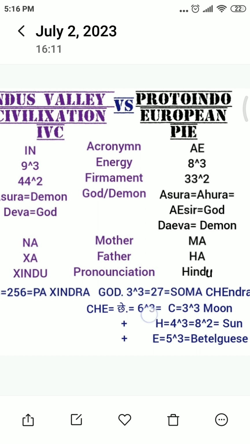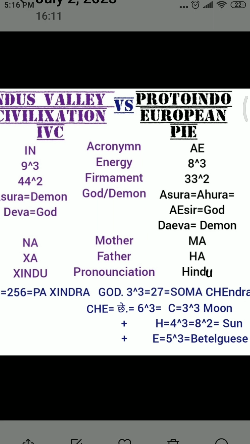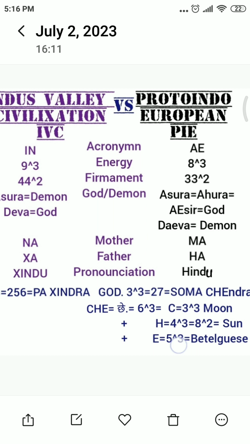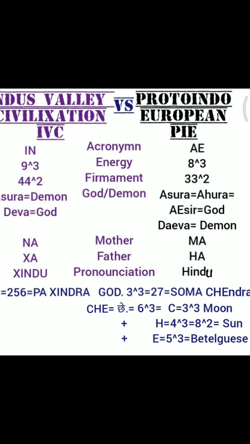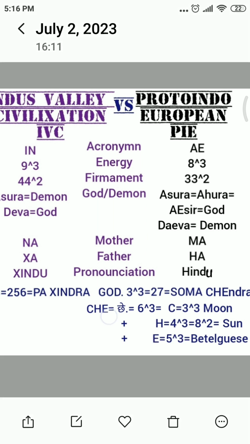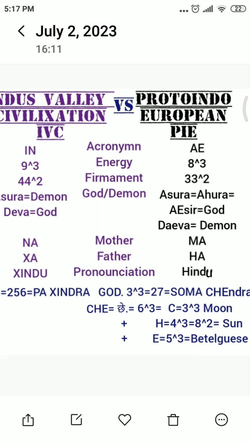So that could be 6 cube, which is equal to C being 3 cube, the moon or Chandra, ordinary Chandra, and this H is 8 squared. Why 8 squared is nothing but 4 cube, that is the regular sun, and this 5 cube is nothing but E, the third letter in here, E is 5 cube, which is nothing but Betelgeuse.